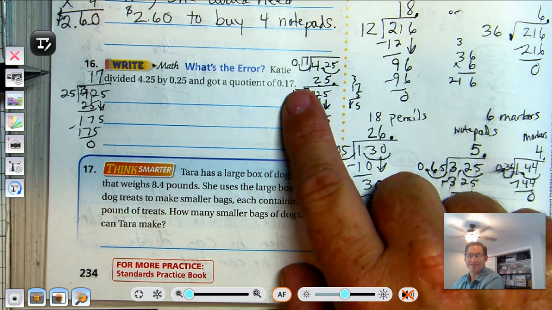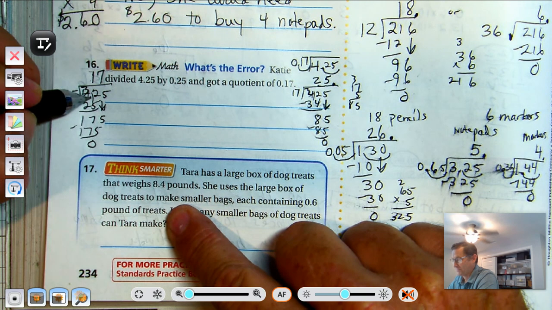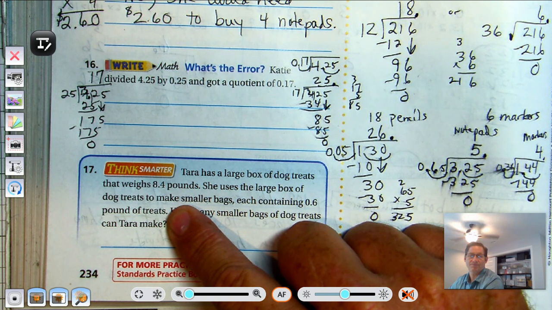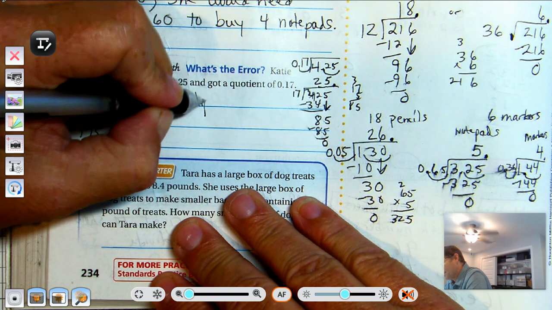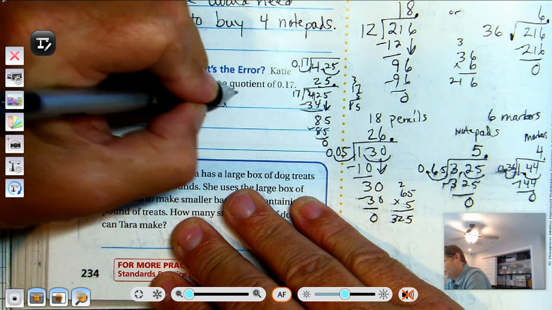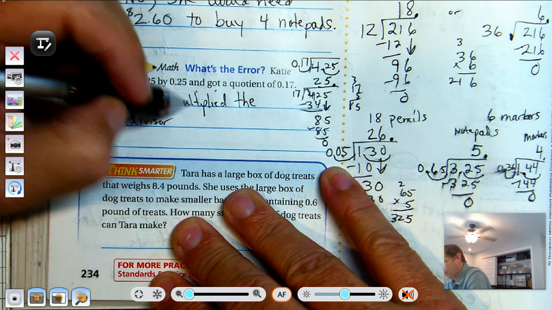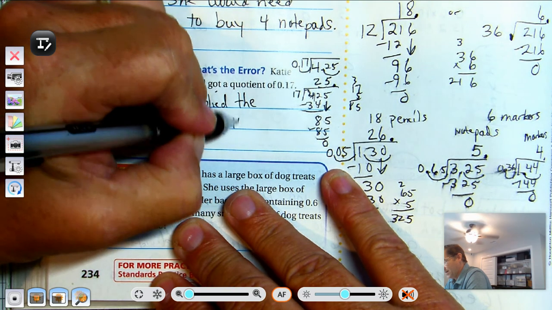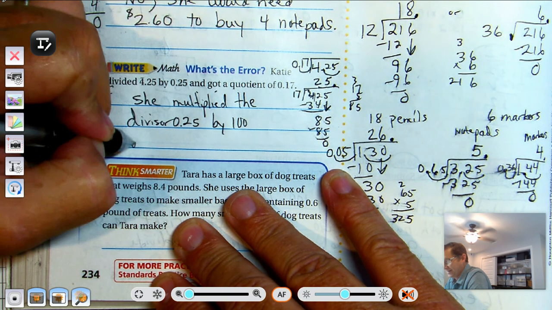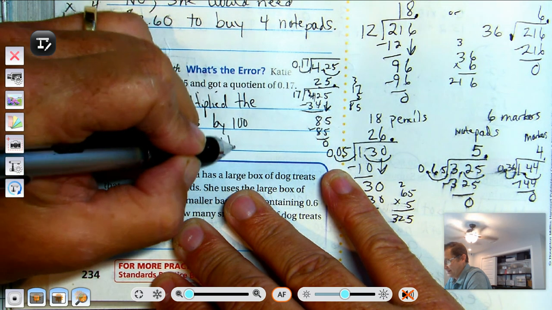She got a quotient of 17 hundredths. Well, the only way to get 17 hundredths was if the decimal point stayed there. So she multiplied the divisor 25 hundredths by 100, but didn't multiply the dividend.